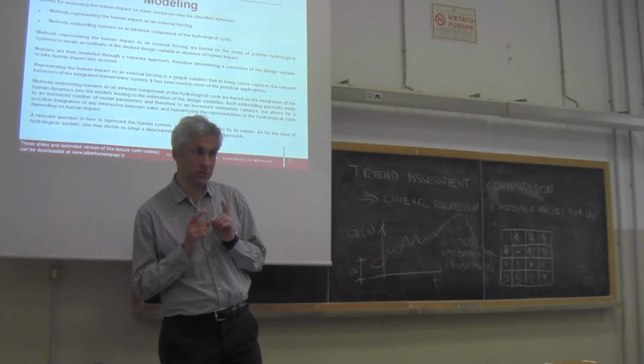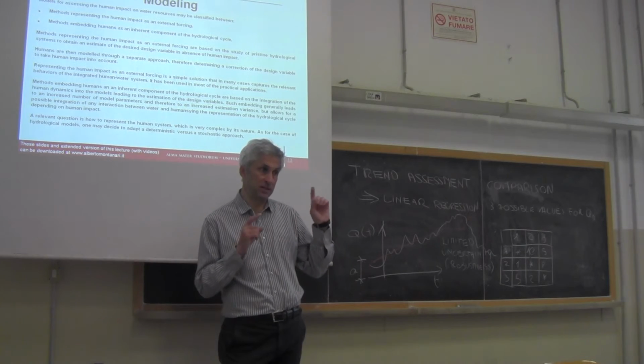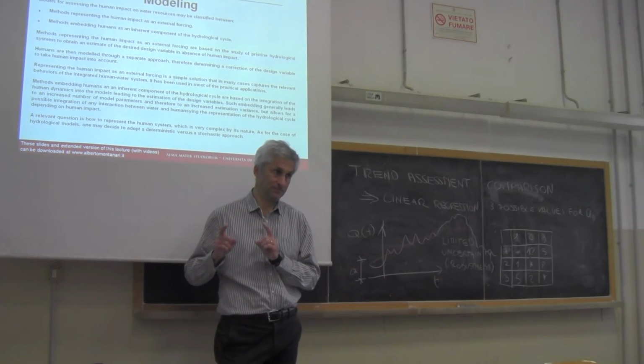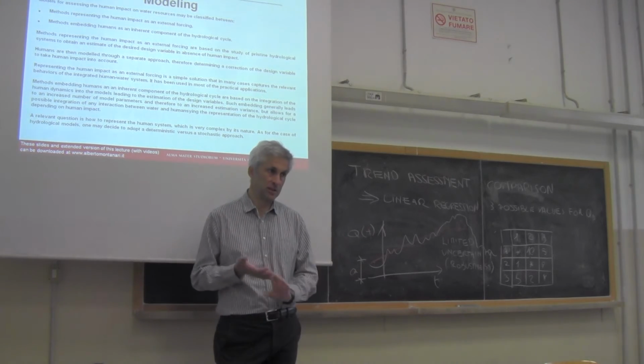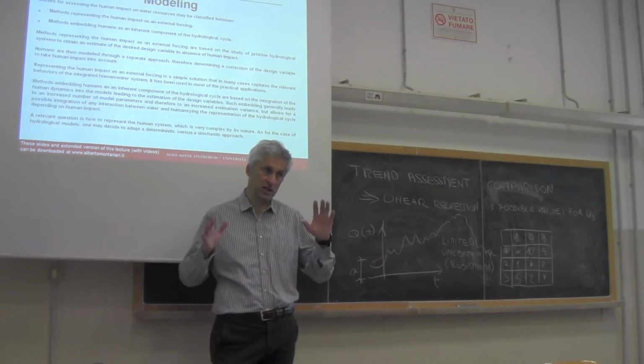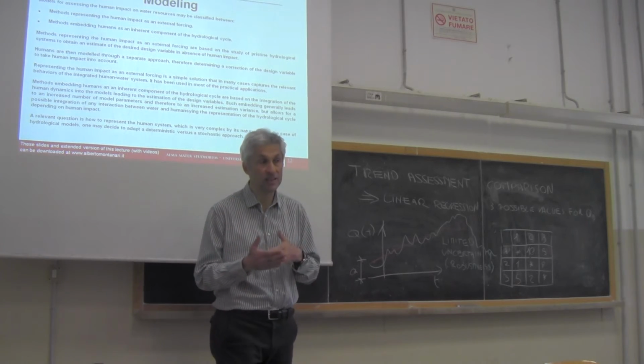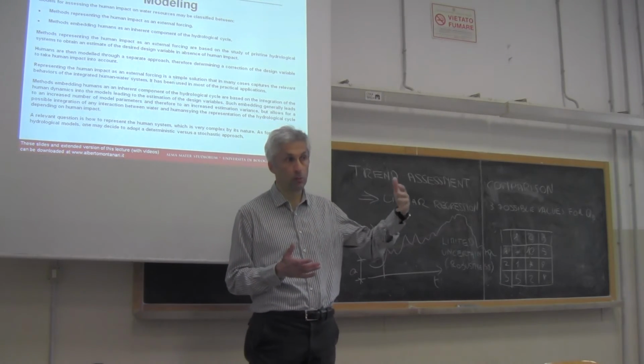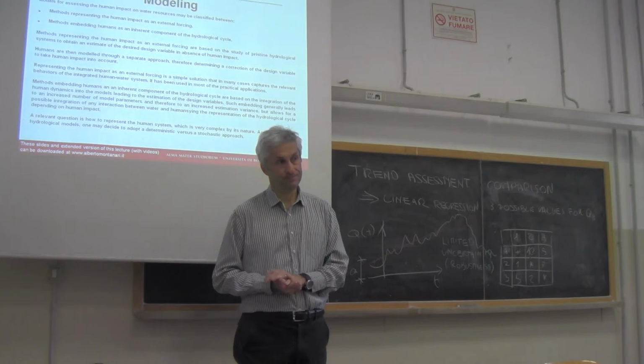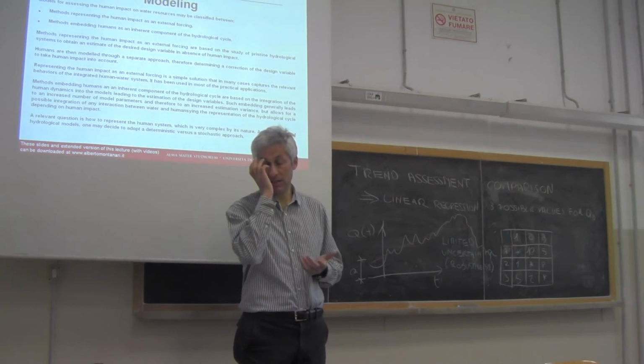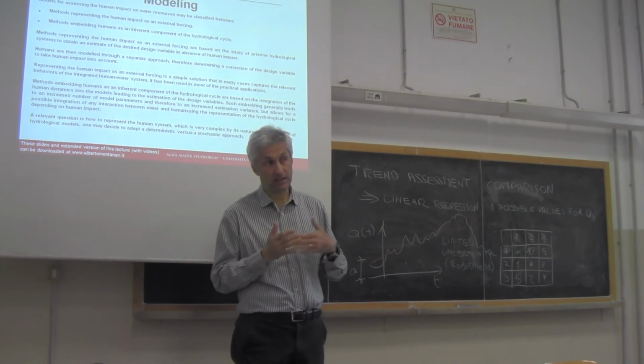Also, keep in mind that humans are less predictable than nature. And therefore sometimes it may be better to include the human impact just as something given, not something developing, because, as I said, humans are less predictable than nature.